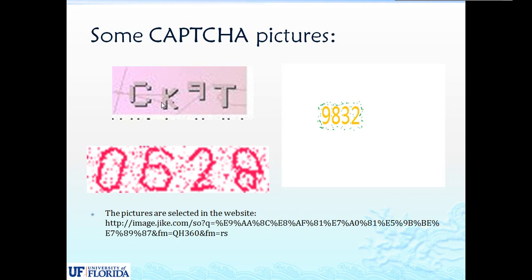I think captcha pictures are normal pictures to which some distortion has been added, such as distortion of the numbers and some noise, like lines and noise dots, like the green one, and numbers drawn with different colors, the yellow number and the pink number.